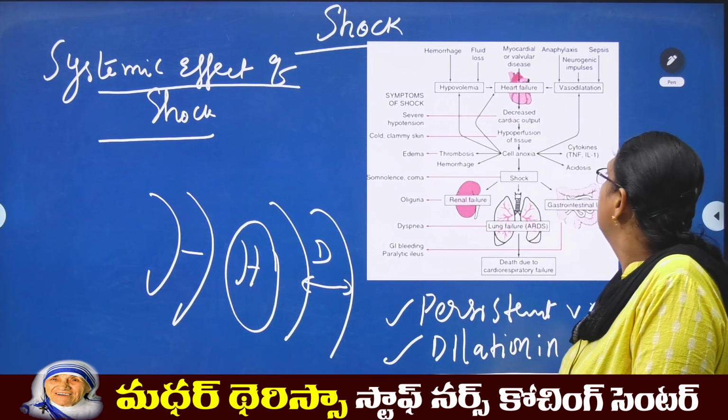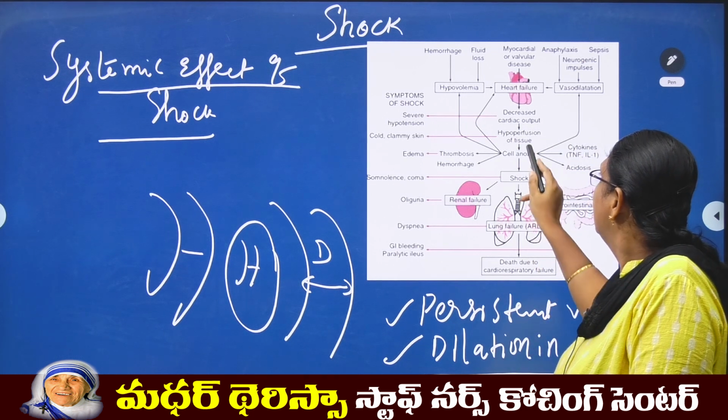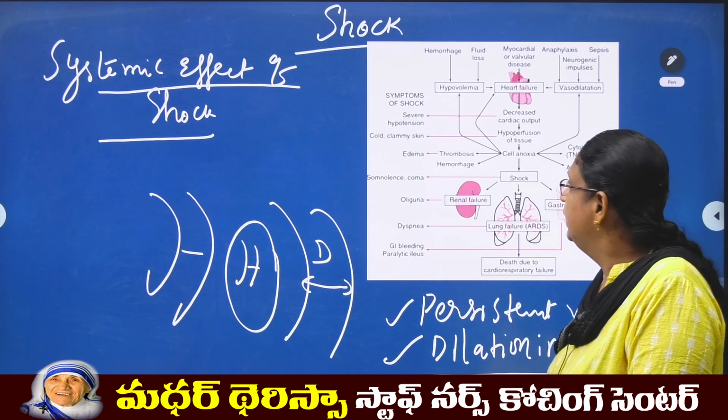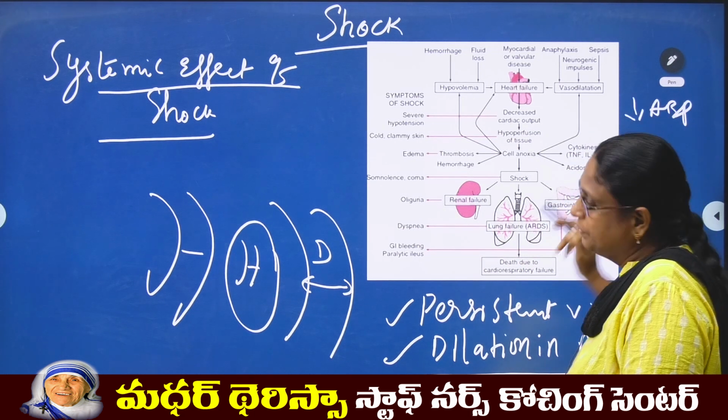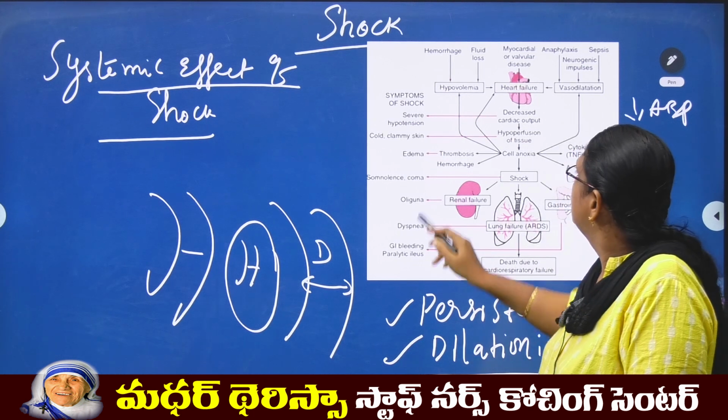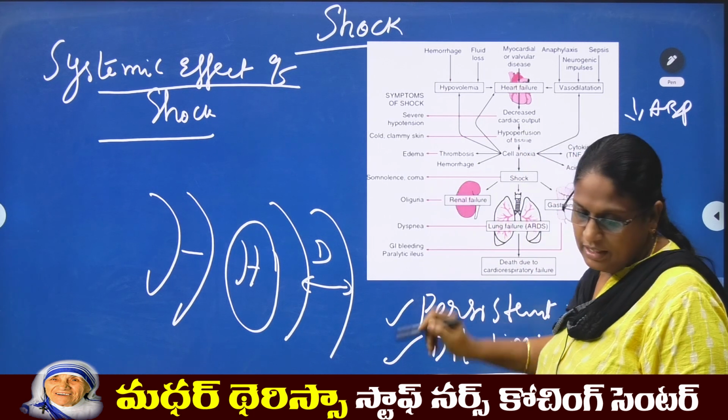Decrease in arterial blood pressure, because cardiac output is decreased. Then decrease in tissue perfusion we have seen, right.